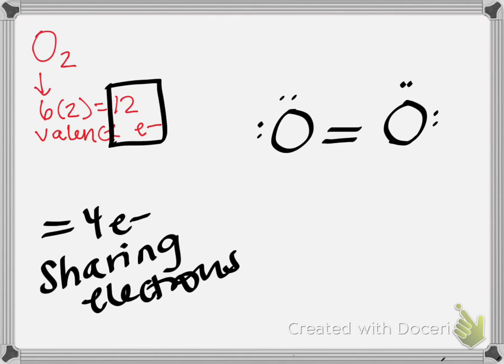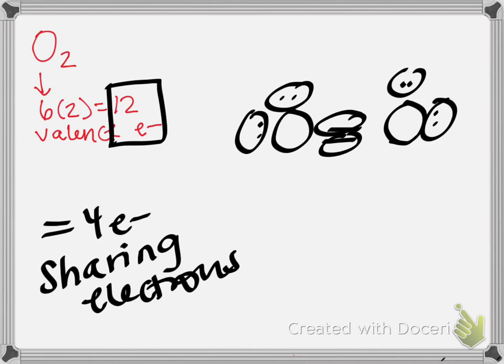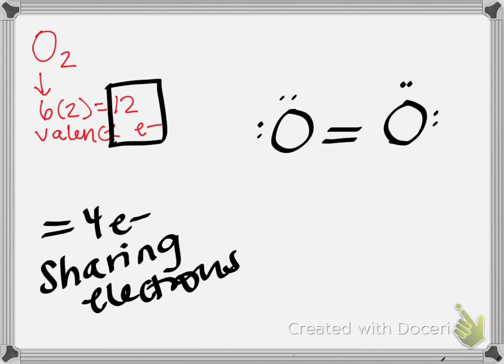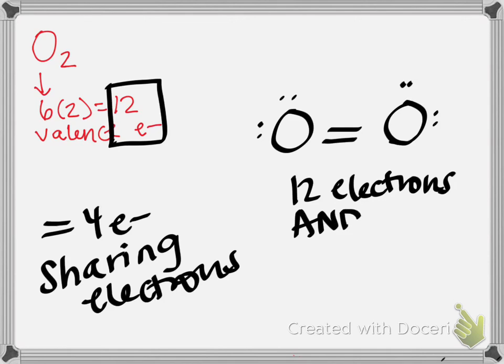So now I want to go back and check, is this oxygen happy? So I have 2, 4, 6, 8, 10, 12, okay? So just like that, I have abided by the 12 electrons that should be in this structure, and everybody has an octet and they're therefore happy.